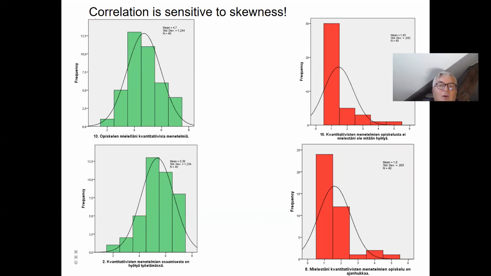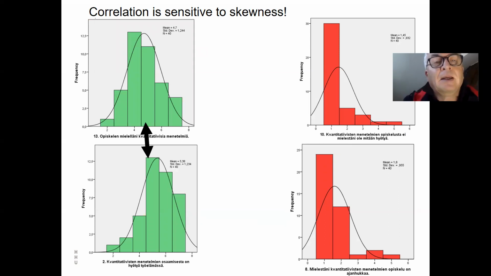All right, correlations are sensitive, just as average values are sensitive. Like the mean and the median, correlations are extra sensitive to skewness, actually to kurtosis as well, but let's keep it simple.